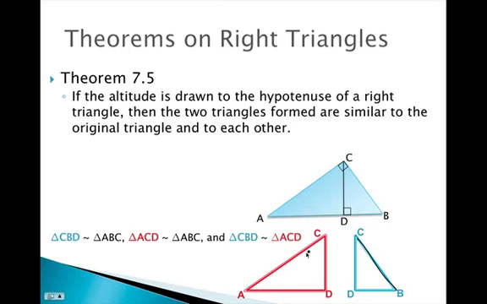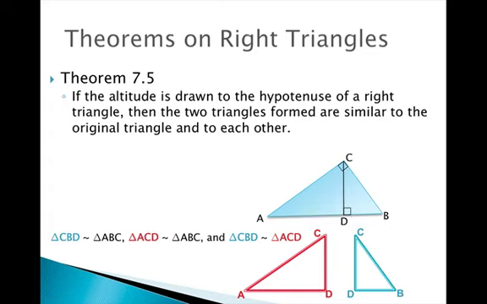And then we also have triangle ACD is similar to triangle ABC. And lastly, triangle CBD, our blue triangle right here, is similar to triangle ACD. So these 3 triangles are in fact similar to each other according to our new theorem, as long as we draw the altitude from the right angle down to the hypotenuse.